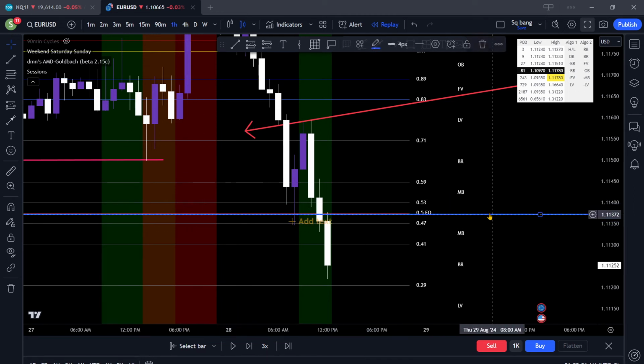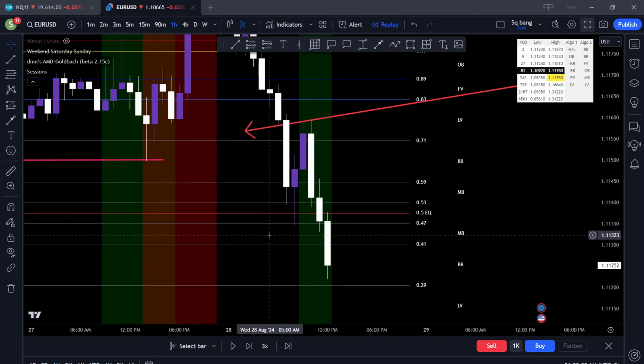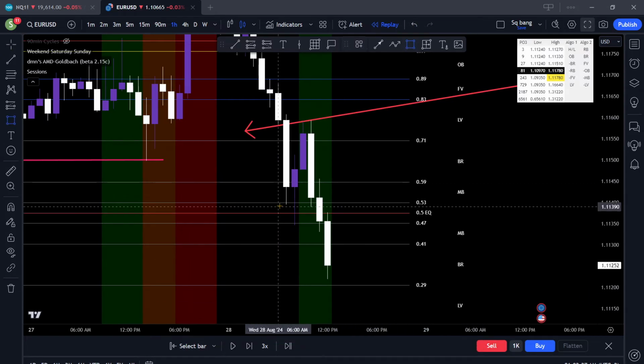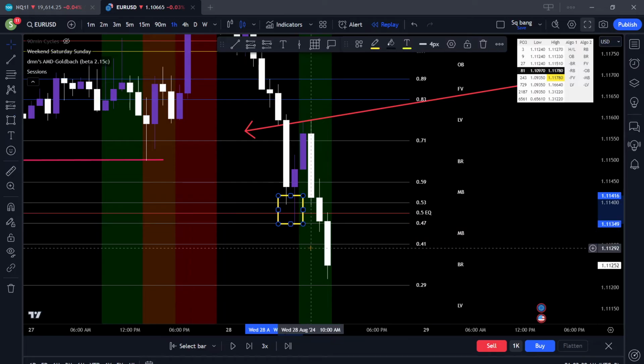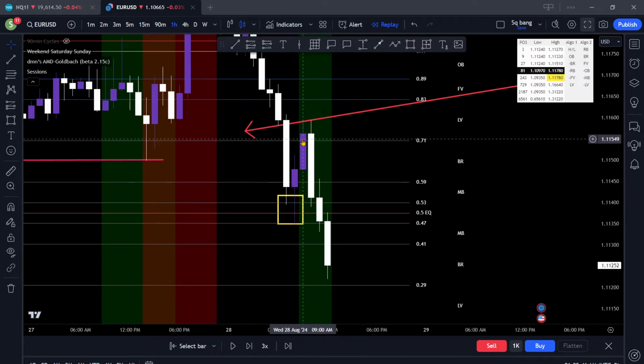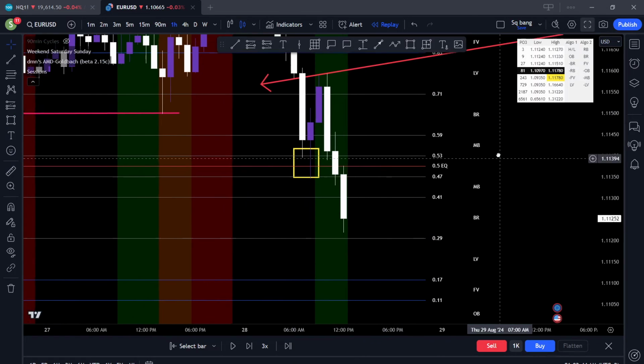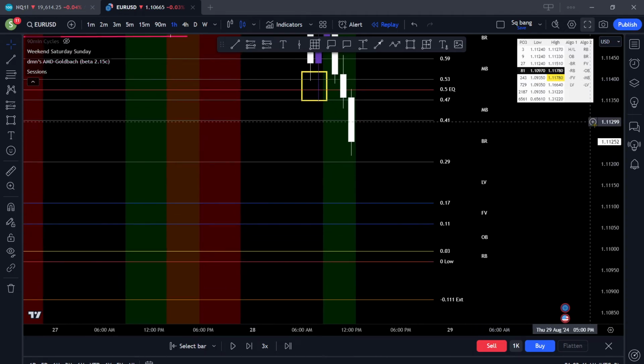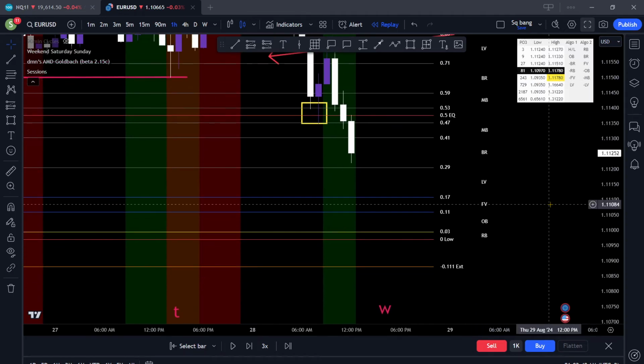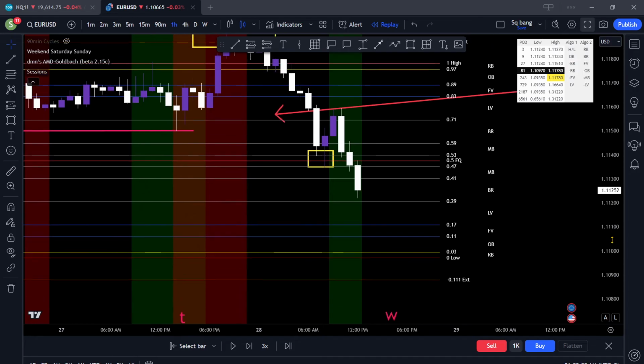Like directly. That EQ level, don't we? Right there. Look at that. Bounce off the EQ. Then you drop all the way back down.